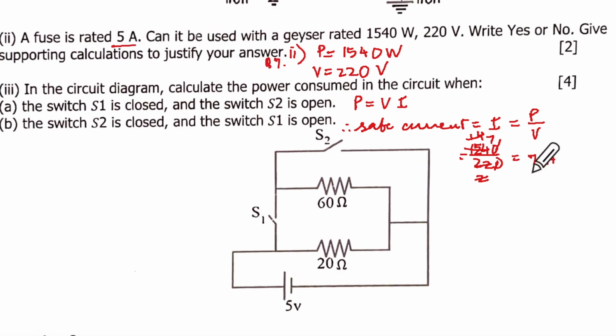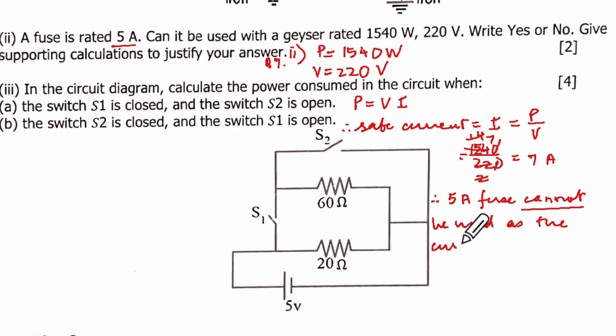Now, if it is 5 ampere, can I use 5 ampere? So therefore 5 ampere fuse cannot, underline cannot, be used as the current for the working of geyser is 7 ampere.